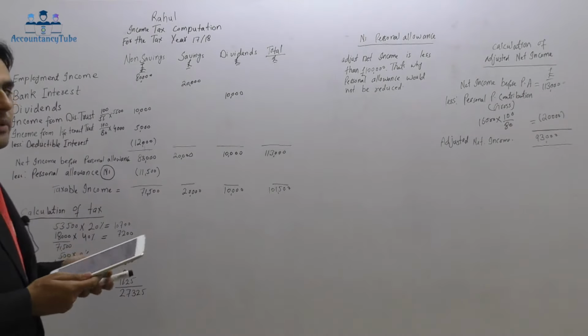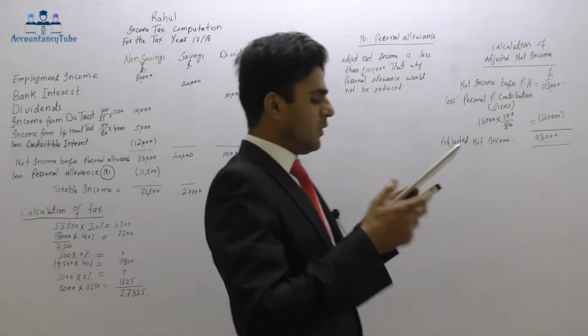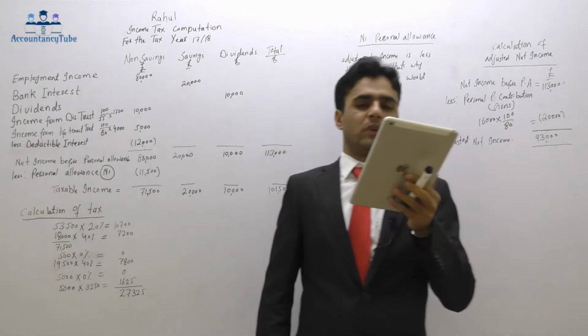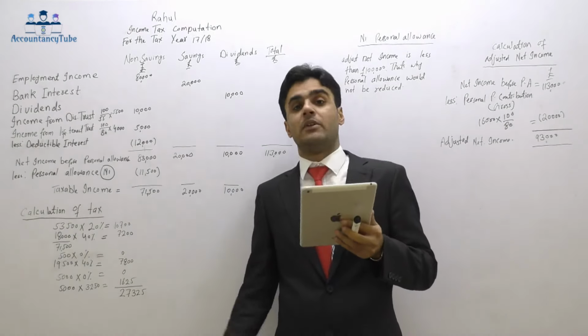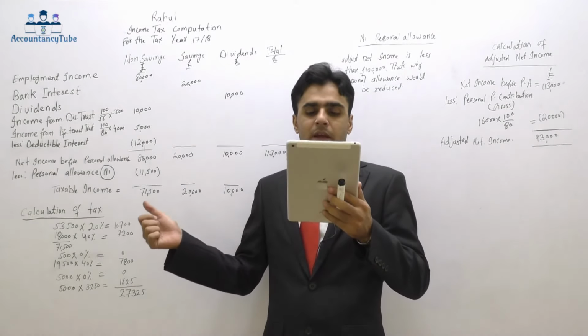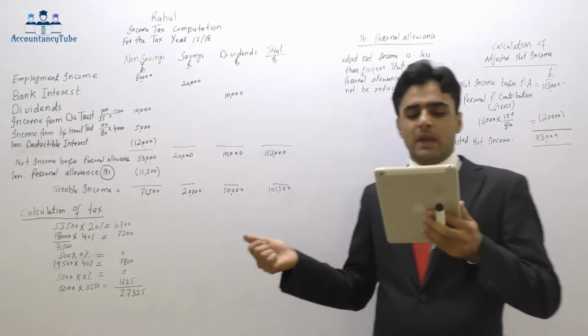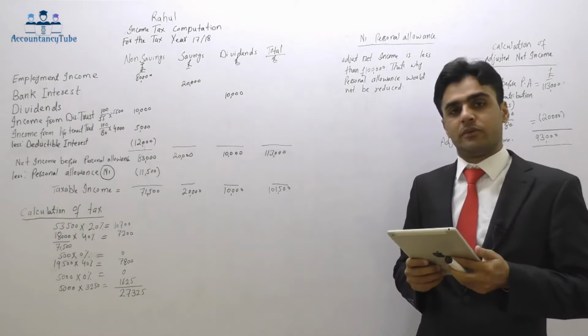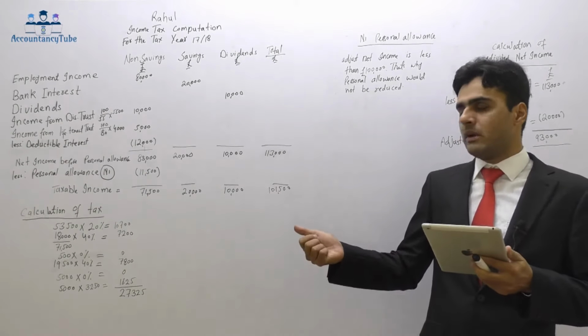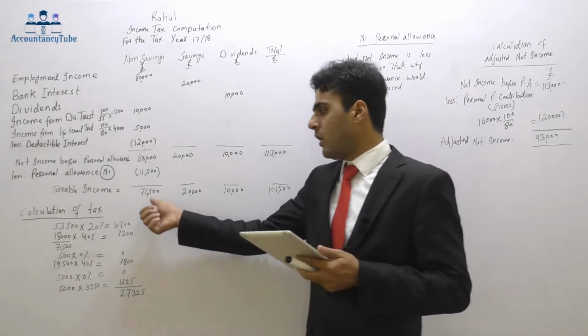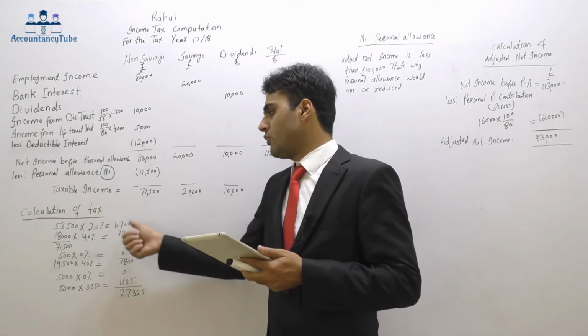Now where did I get this 20% from? In the question. From £1 to 33,500, it's 20% if it is non-savings income, 20% if it is savings income, and if it is dividend then 7.5%. So this income was non-savings, as I took it out of this one. So 53,500 at 20%.